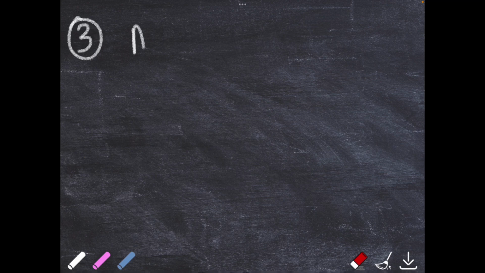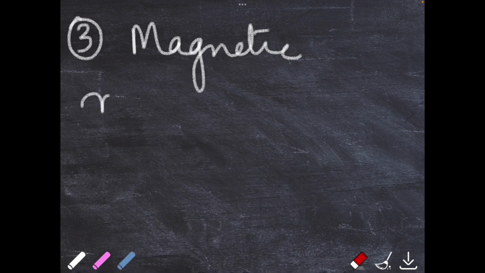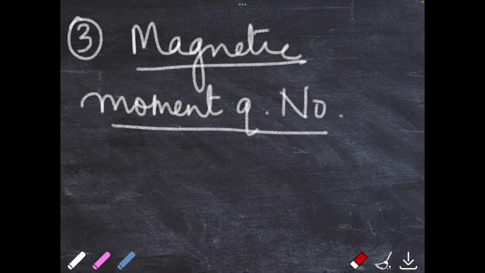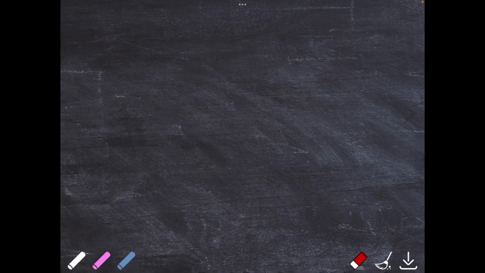The third quantum number is the magnetic moment quantum number, and it is designated by small m. Now it arises from the fact that the electron is revolving around the nucleus.